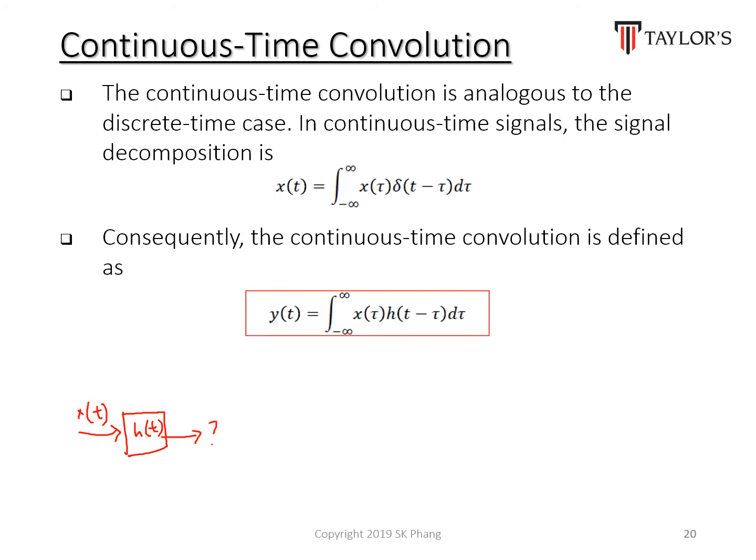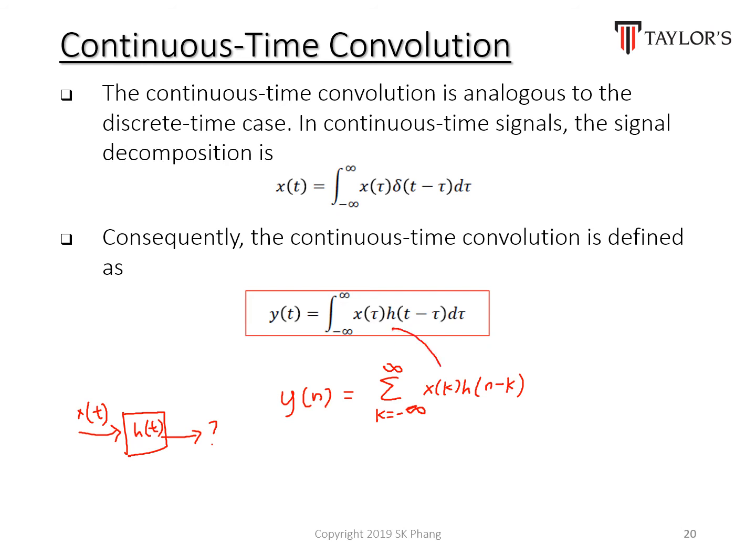So if you remember the formula for discrete time systems, we have y[n] equals the summation over k from negative infinity to positive infinity of x[k] times h[n minus k]. For continuous systems, the formula basically stays the same.